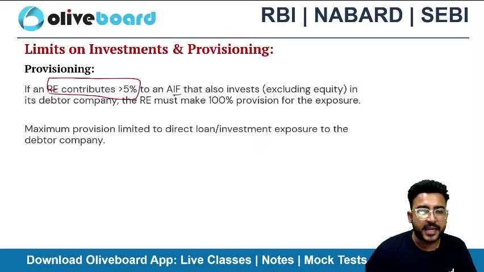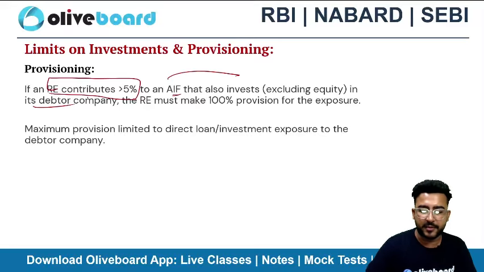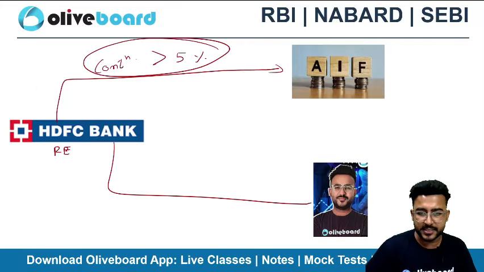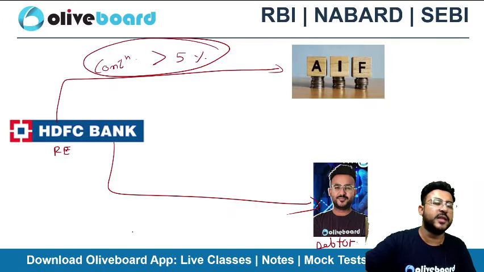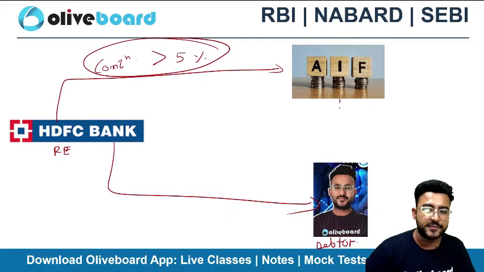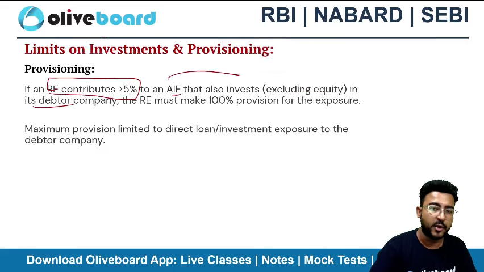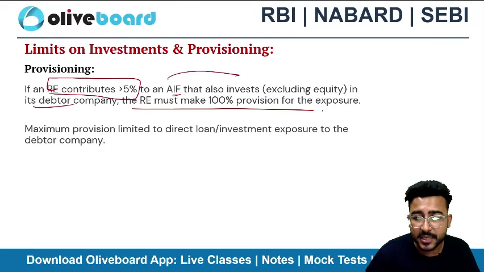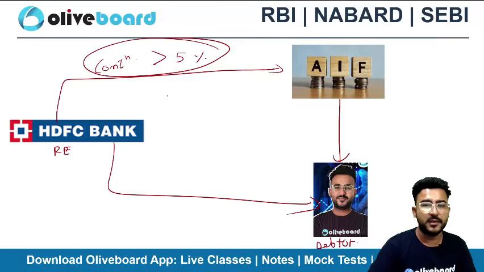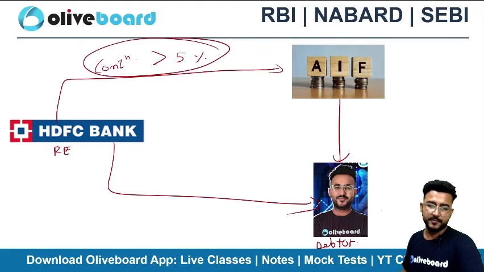Now this RE is also investing in a debtor company. Prateek is HDFC Bank's debtor company. This HDFC Bank is contributing more than 5% in an AIF. This AIF is again giving money to Prateek. That's a problem. How to resolve this problem? The RE must make 100% provision of that exposure.